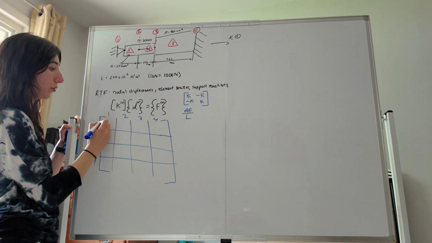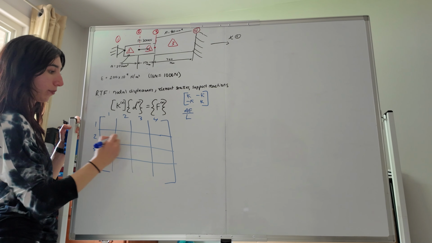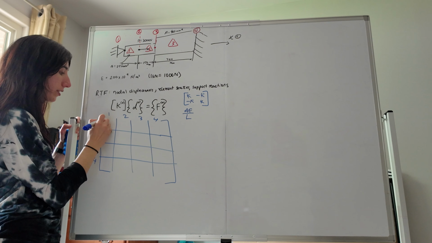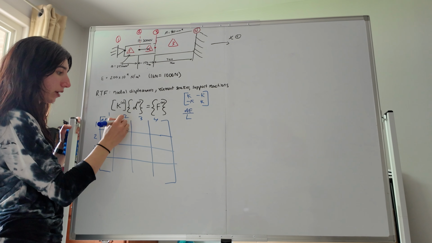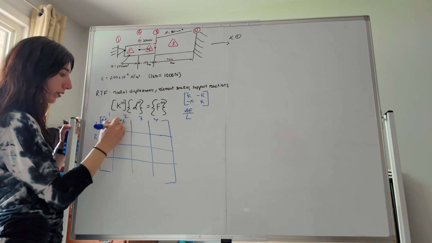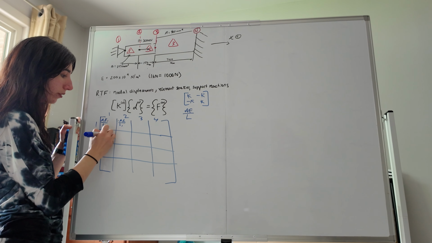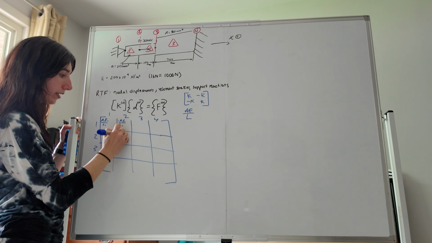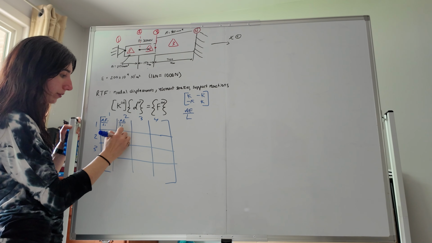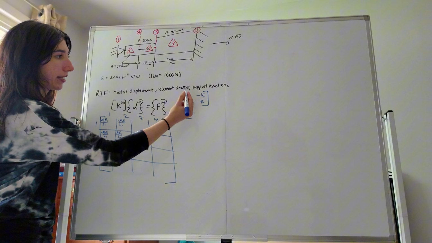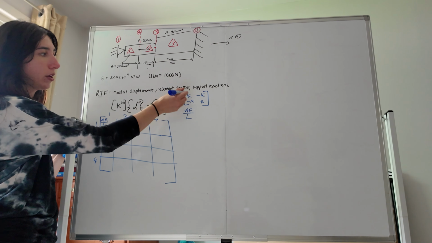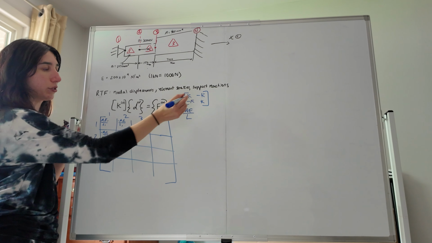So I'm going to add in this top quadrant of my stiffness matrix A1 E1 over L1, negative A1 E1 over L1, negative A1 E1 over L1, and A1 E1 over L1. Again, in the same pattern as K, negative K, negative K, K, where you can see the symmetry of that matrix.